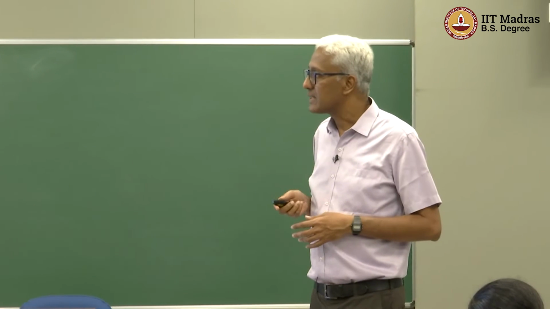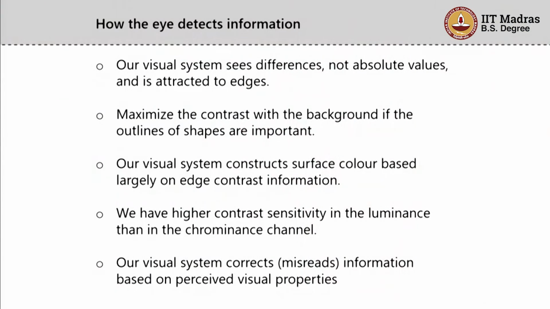What this implies is: maximize contrast with the background if the outline shape is important. If your outline shape is important, contrast becomes a very important factor. The visual system constructs surface color based largely on the color present at the edges. If we say that this is some kind of purple, essentially I am attributing the edge color to the rest of it.